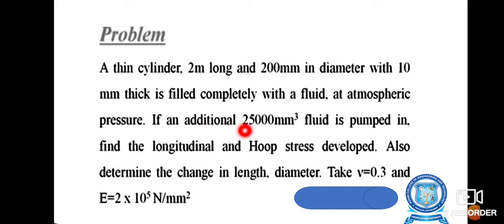If an additional 25,000 mm³ of fluid is pumped in, find the longitudinal and hoop stress developed. Also determine the change in length and change in diameter. Take ν equal to 0.3 and E equal to 2 × 10^5 N/mm². That is the data inside the problem.